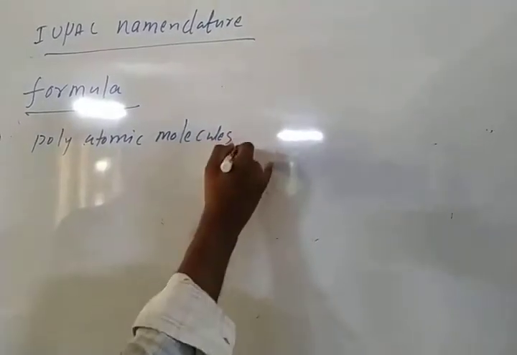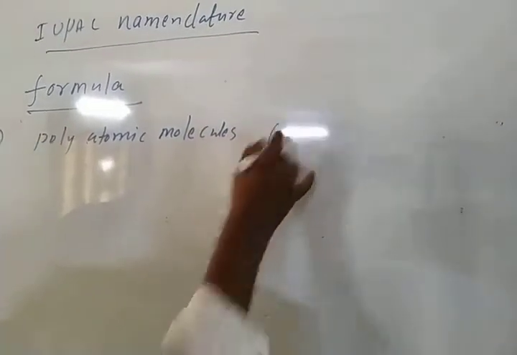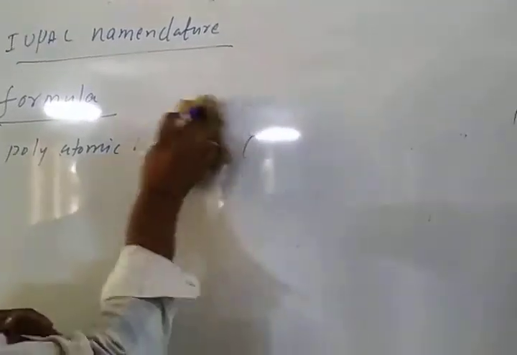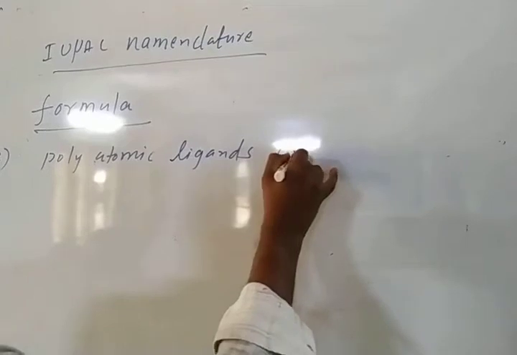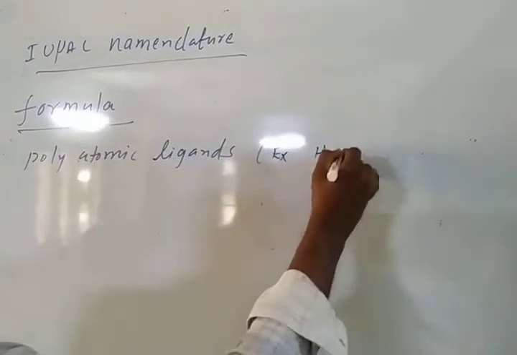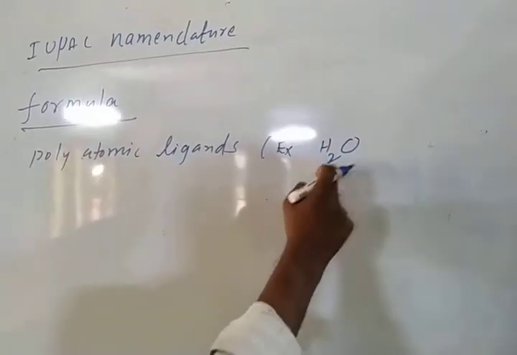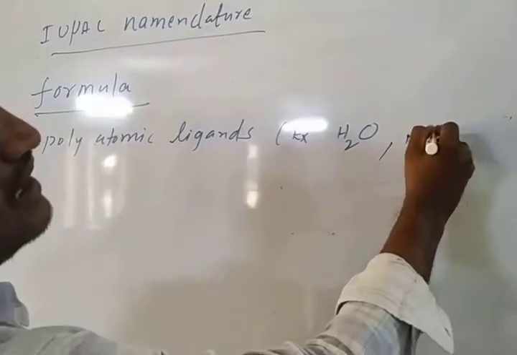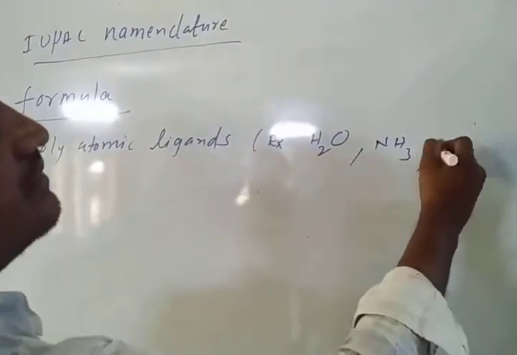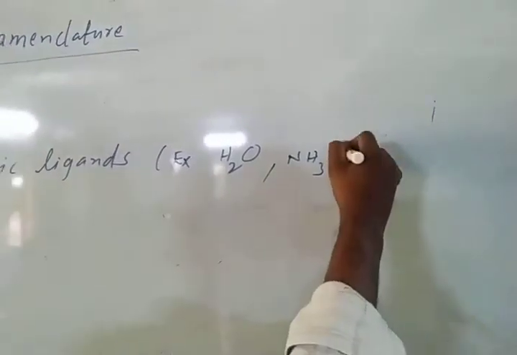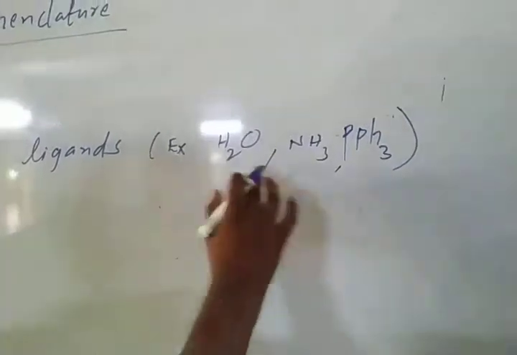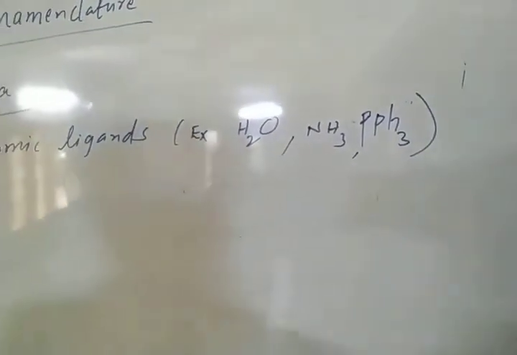Polyatomic means ligands containing more than one atom. Example H2O: this is one ligand, but there are oxygen and 2 hydrogens, 3 atoms. Ammonia, okay, and PH3, triphenyl phosphine.